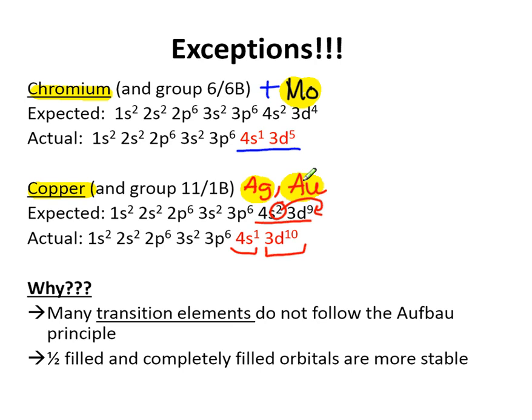They do not follow these exceptions. You'll find the exceptions in the transition block or sometimes in the f block, but not anywhere else. Part of your discussion board over the next couple weeks will be to investigate some of these exceptions and tie them in with some more periodic trends. So hopefully you'll be able to look into this a little bit more.